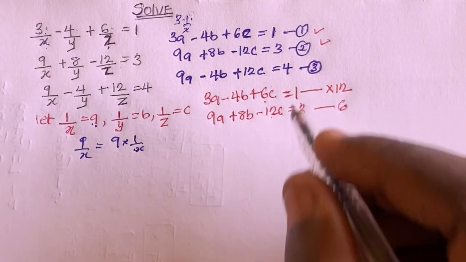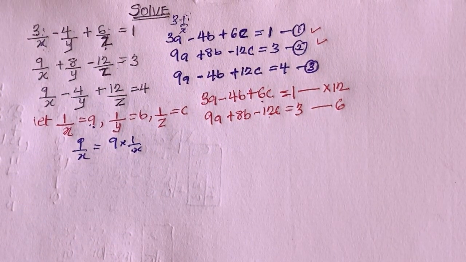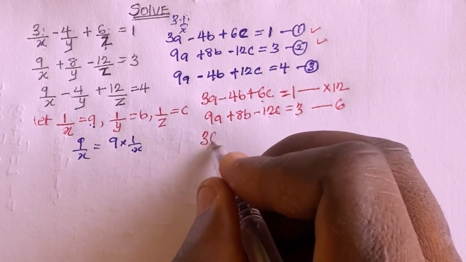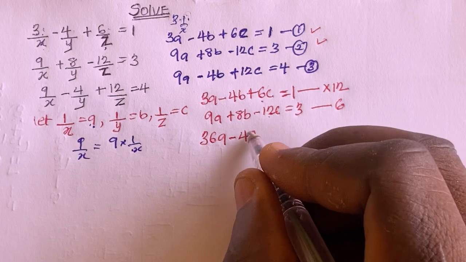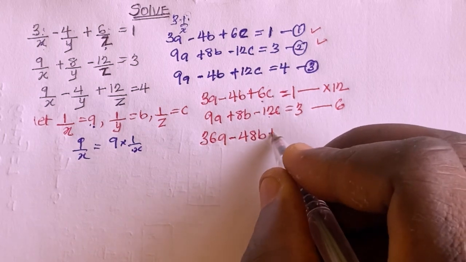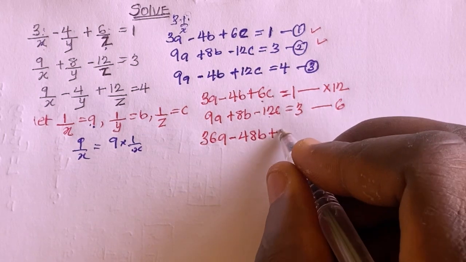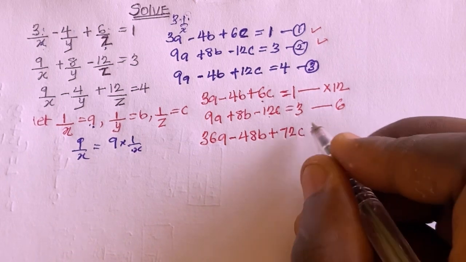So now we have 3 multiplied by 12, which is 36. So here we have 36a, then minus 4 multiplied by 12, that's 48b, plus 6 multiplied by 12, that's 72c equals to 12.